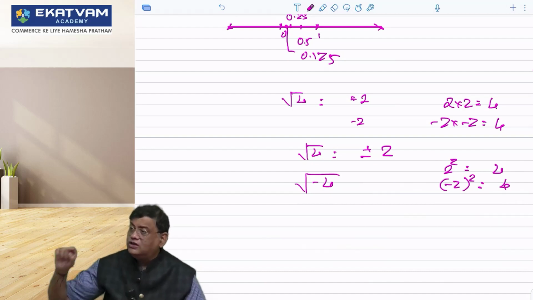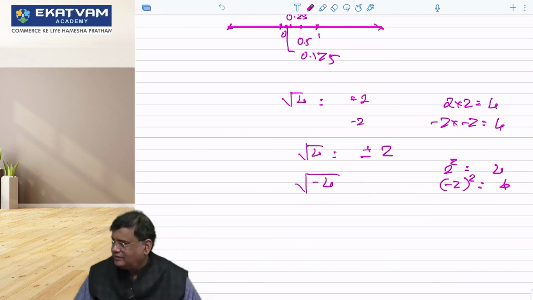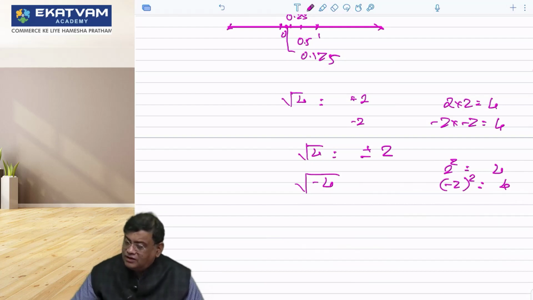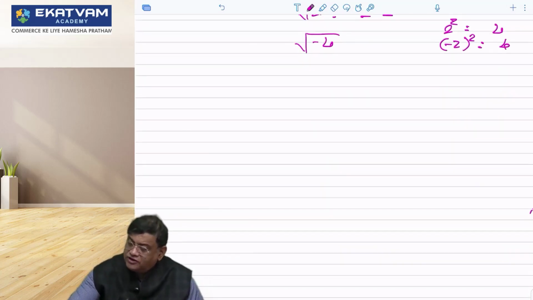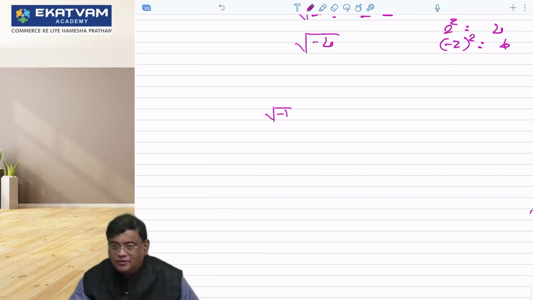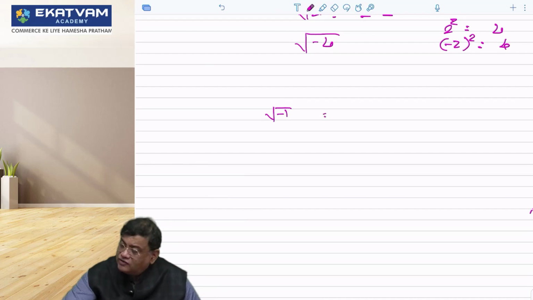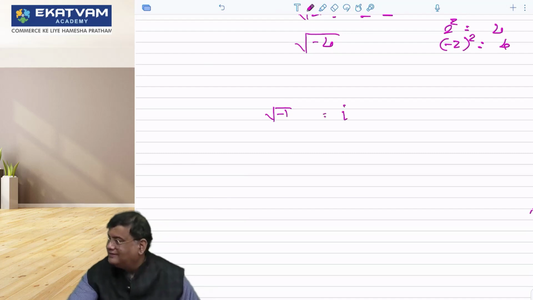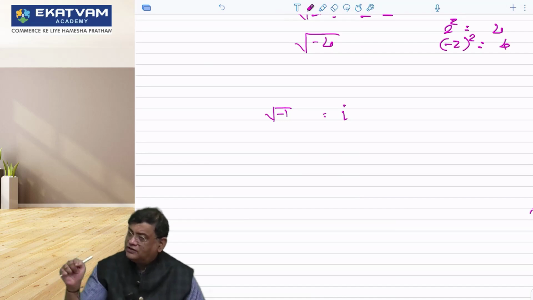It tries to imagine something. In the process of imagination he asked, what is the square root of minus 1? It doesn't exist, we understand. But let us call it the imaginary number i. I for imaginary. So the square root of minus 1 is i.